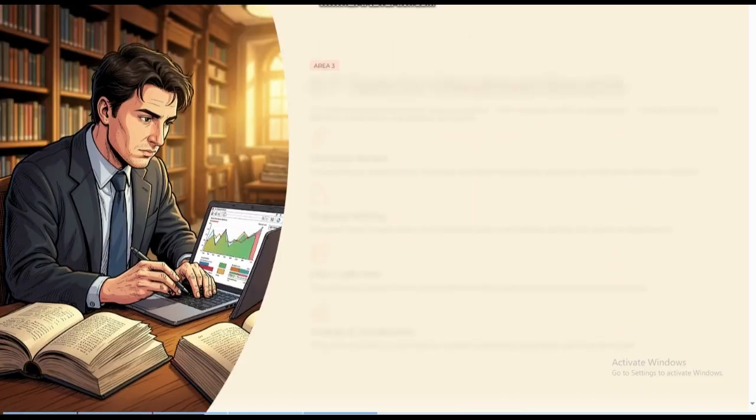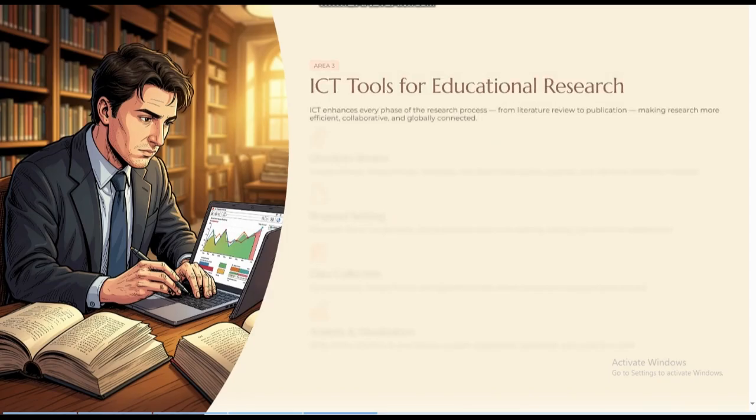We move to area 3, ICT tools for educational research. Here, ICT tools enhance every phase of the research process from literature review to publication, which makes research more efficient, collaborative, and globally connected.